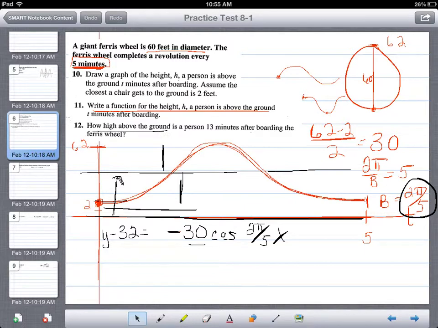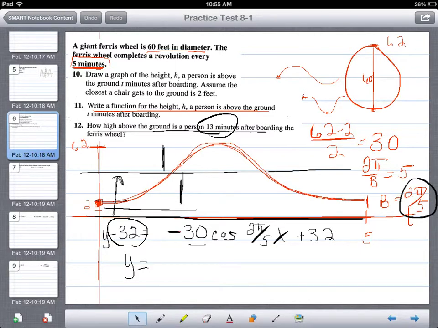Okay, now it says, how high above the ground is a person 13 minutes after boarding the Ferris wheel? Well, that means we need to plug in 13 for x, and then we will solve for y. So actually we could almost just take this negative 32 and add 32 over here.